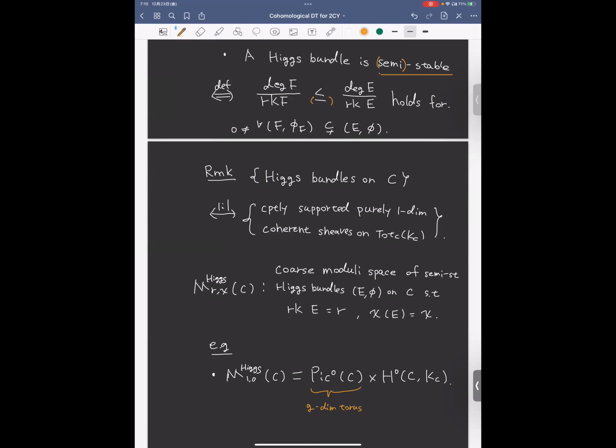And here, this affine space is also g-dimensional.